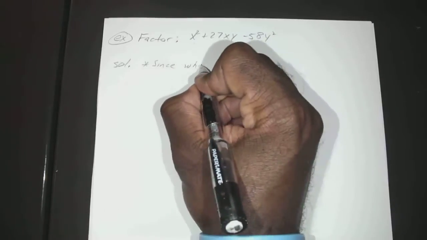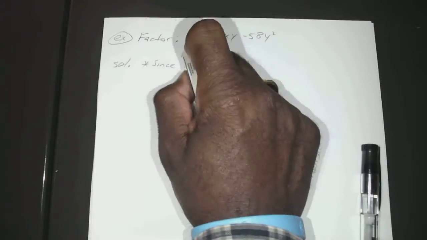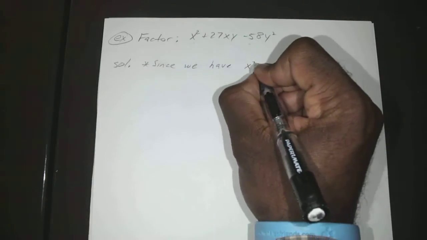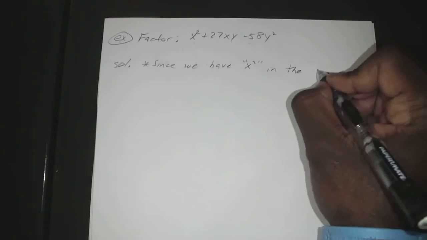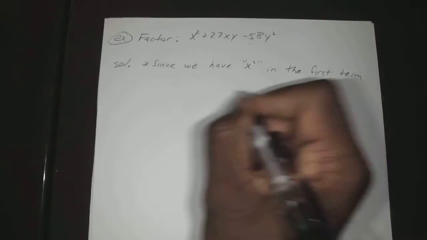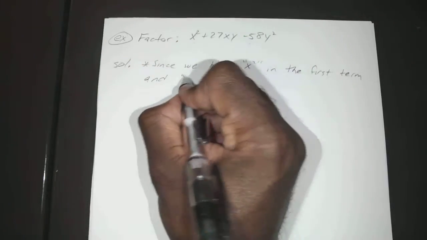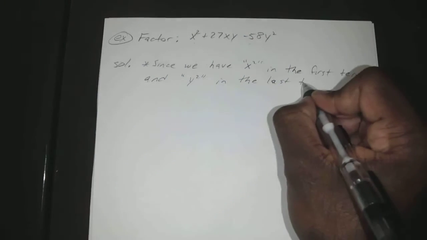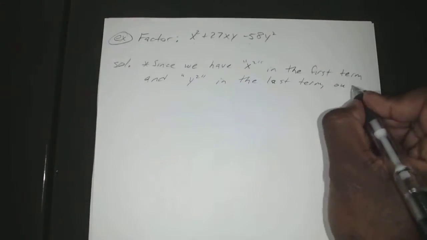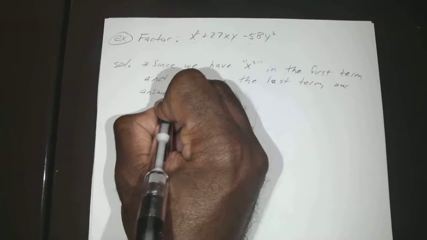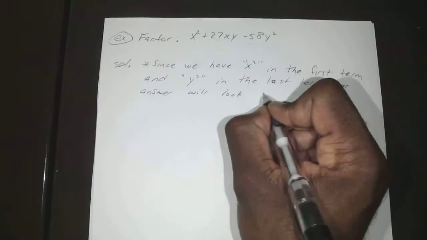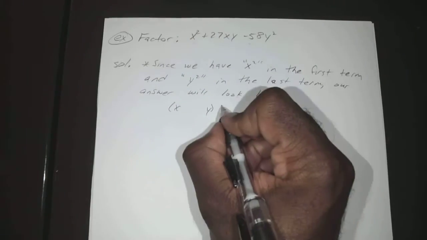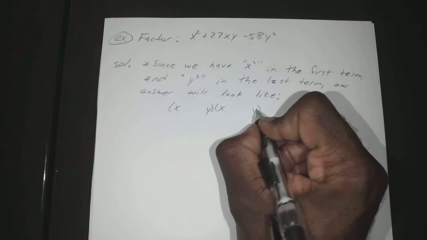So since we have x squared in the first term, and we also have a y squared in the last term, our answer will look like this, where you'll have x and some value times y, and x, it'll be plus or minus some value times y.